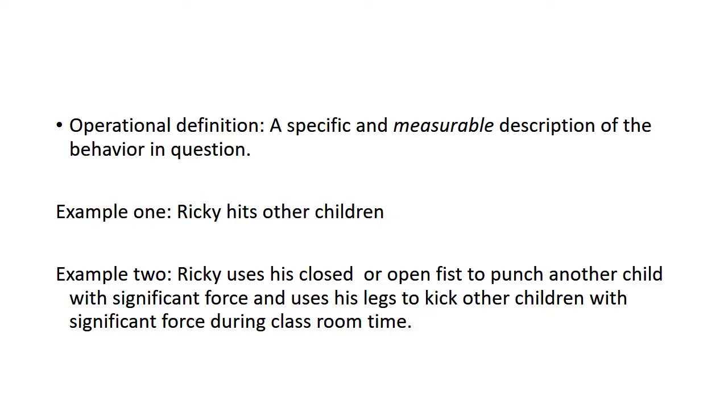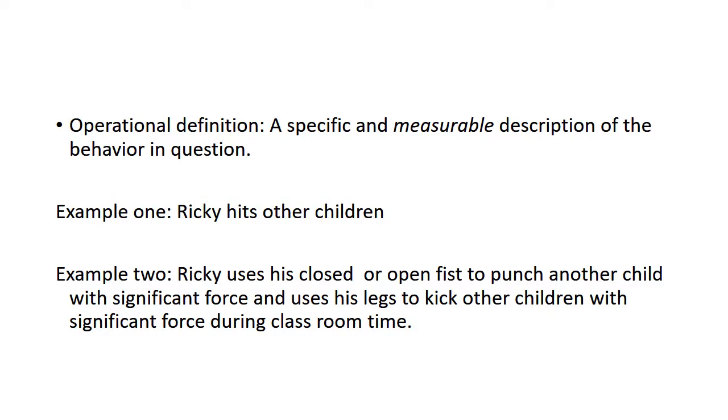So again, in example 1, it's not detailed enough. I've worked where I had a person taking data on hitting for me. I forgot to mention when I was operationally defining it that hitting also included kicking. So when I got the data back, I noticed that when I wasn't there was a lot less hitting going on. That's because I wasn't having the person track kicking as well.